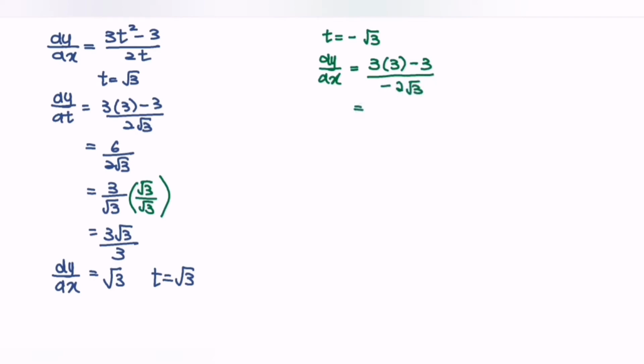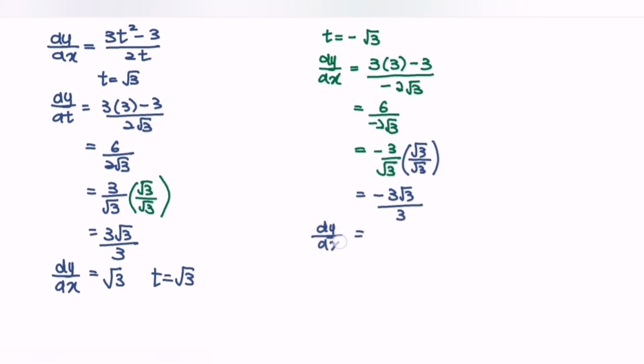So we will have 6 over negative 2 square root of 3 equals negative 3 over square root of 3. Again, we have to rationalize the denominator, multiplying with the conjugate, where the conjugate is square root of 3. So we will have negative 3 square root of 3 over 3. Finally, dy/dx will be equal to negative square root of 3 if t equals negative square root of 3.